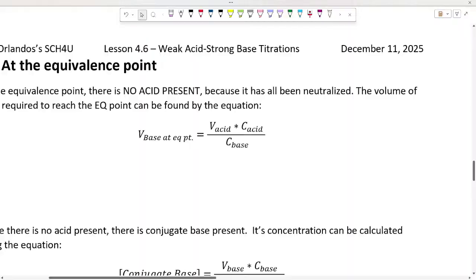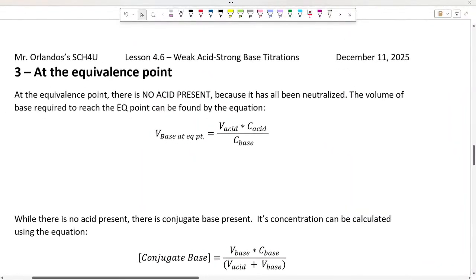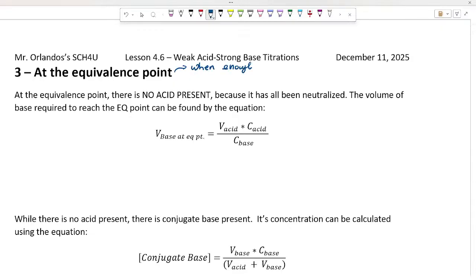At the equivalence point, this is when enough base is added, in this case, NaOH, is added to neutralize all of the HA. In this case, that is CH3COOH.